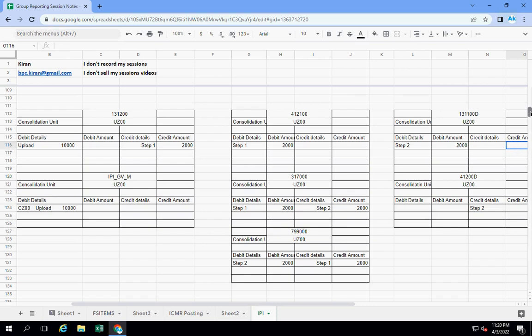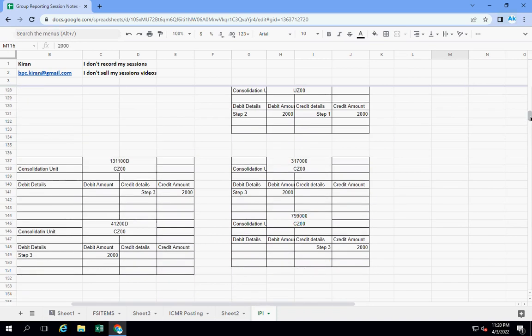I showed it separately because I can give only one consolidation unit here. So 131100D, step 2 2,000 debited, will be credited in the next sequence. In the same way, 41200D debited in sequence 20 will be credited in step 3, sequence 30. I mean, step 2 credited, step 3 debited.